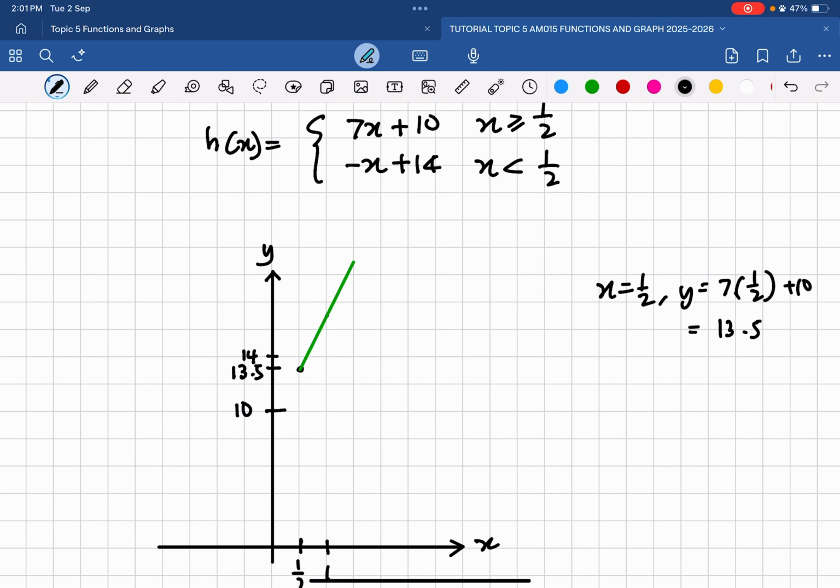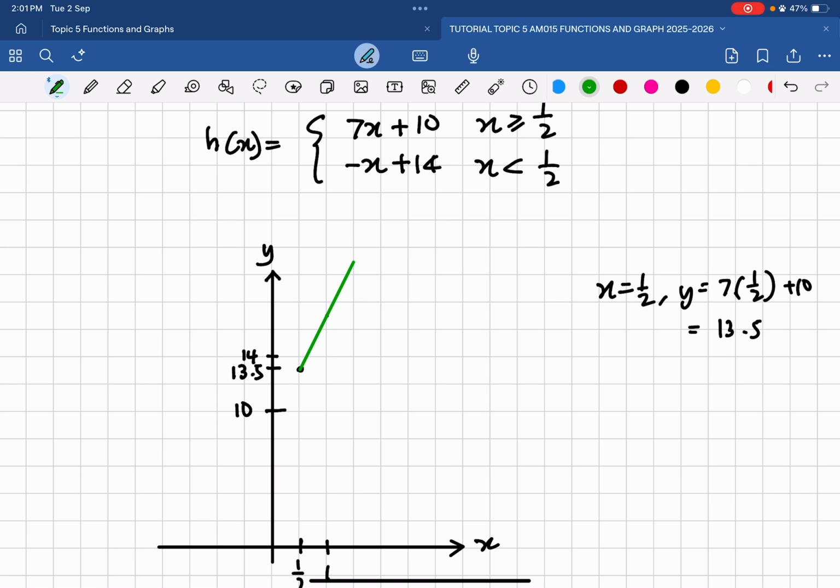When x is 1 over 2, y is 13.5. You can connect these two lines, actually we don't have to find another point, I guess.